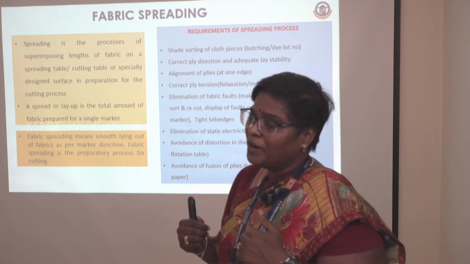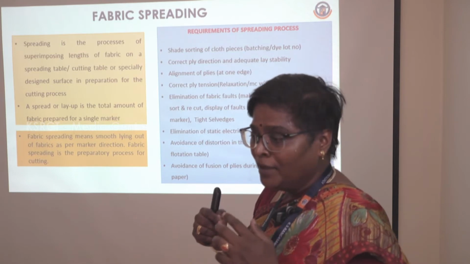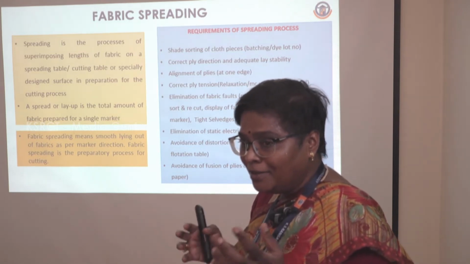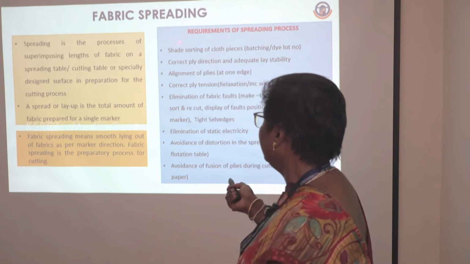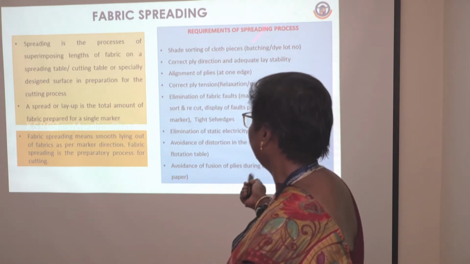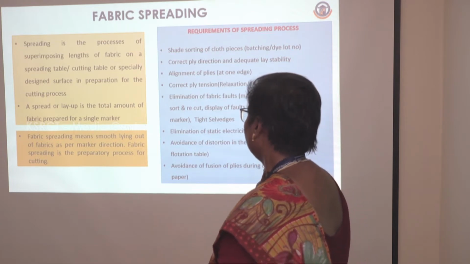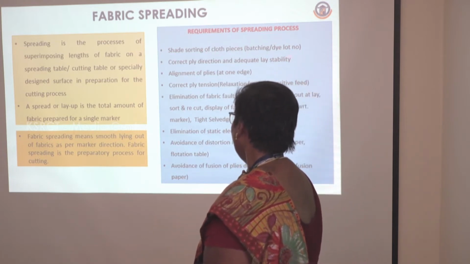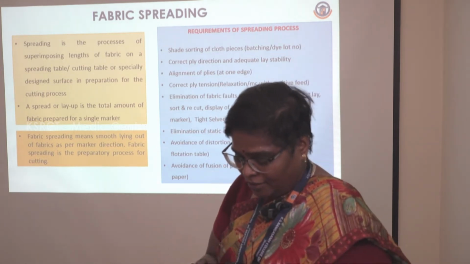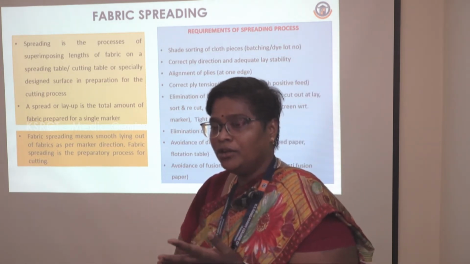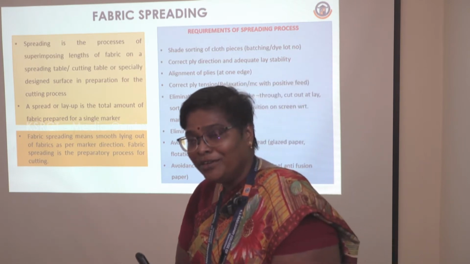Okay. When I do spreading, what should I check? What should I do? There may be certain requirements, right? So let's see them one by one. First is the requirement of the spreading process. The first one is shade sorting of cloth pieces, whether by batching or otherwise. Why do we need to do shade sorting? For production of bulk quantity, we may not use 1 meter or 2 meters of fabric.